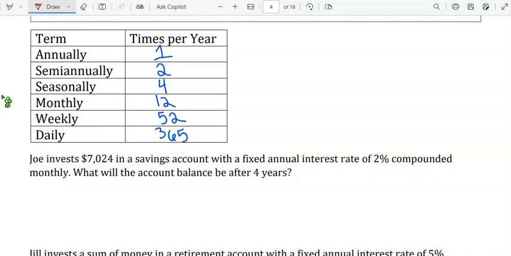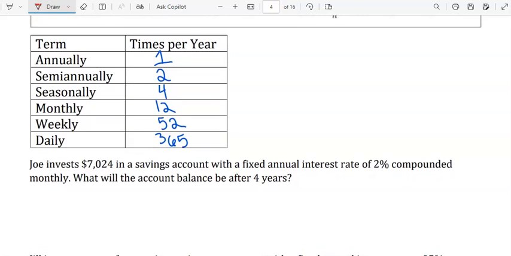Let's look at the first problem on here. Joe invests $7,024 in a savings account with a fixed annual interest rate of 2% compounded monthly. What will the account balance be after 4 years?